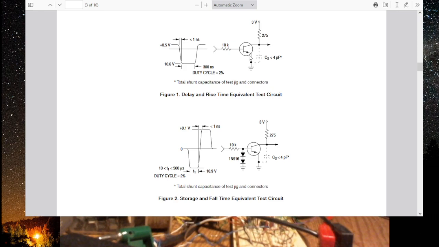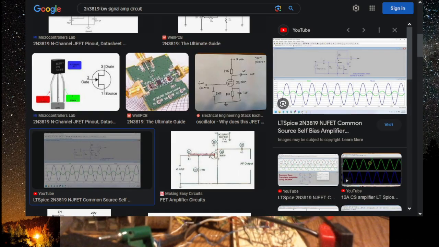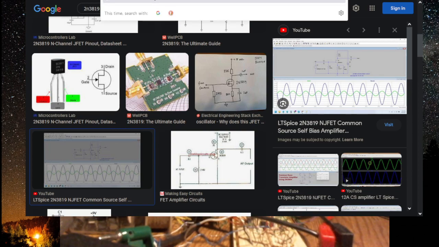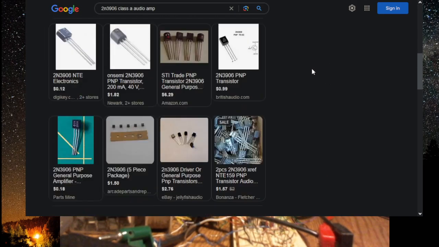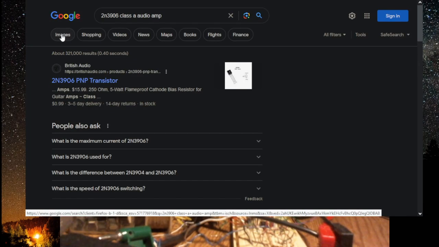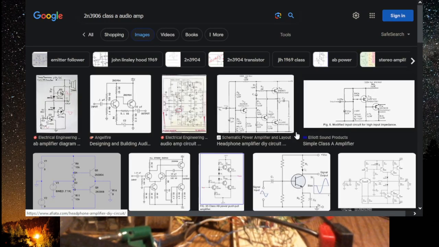See, my problem is I've got to look for a 2N3906 Class A audio amp, which is kind of weird. You just don't use a PNP transistor for amplifiers. Maybe it's more for switching, I don't know.